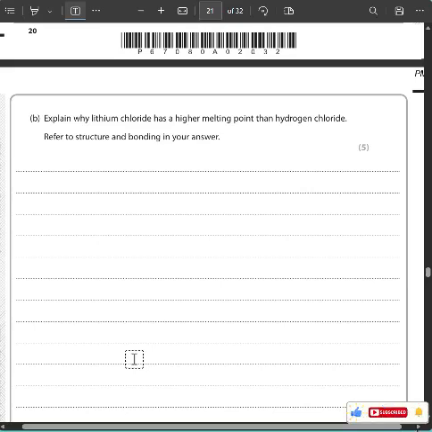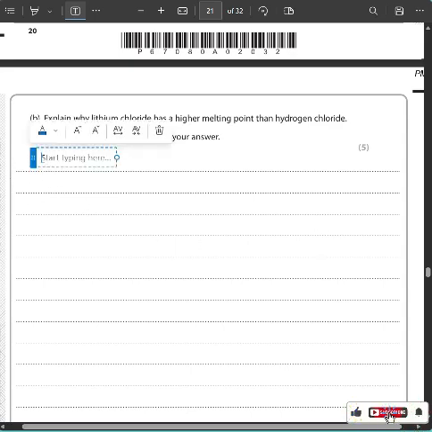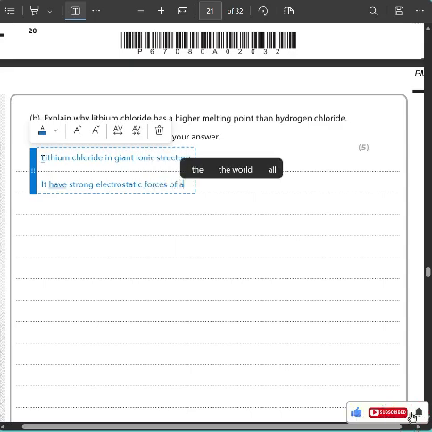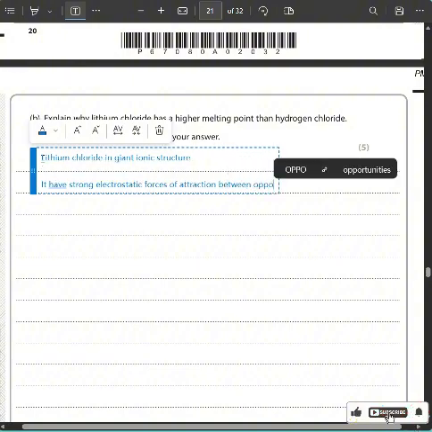Explain why lithium chloride has a higher melting point than hydrogen fluoride. Refer to the structure and bonding in your answer. Lithium chloride is a giant ionic structure. It has strong electrostatic forces of attraction between oppositely charged ions.